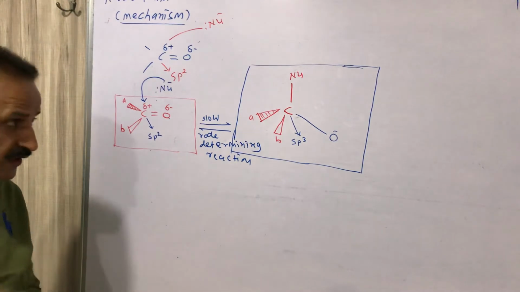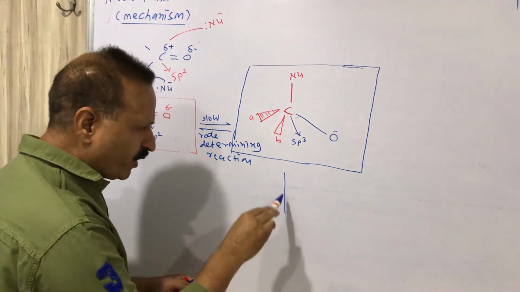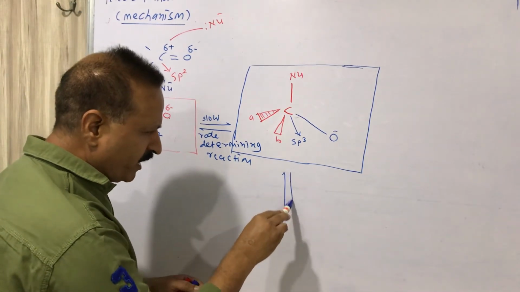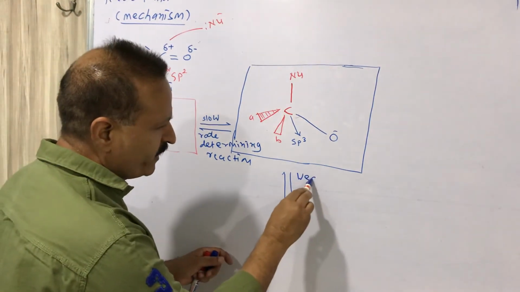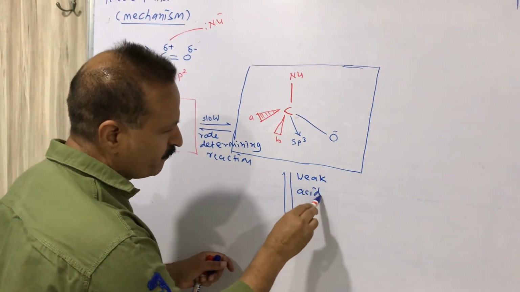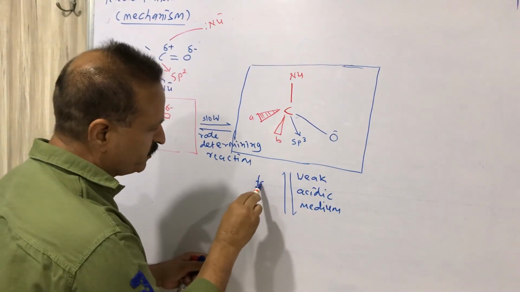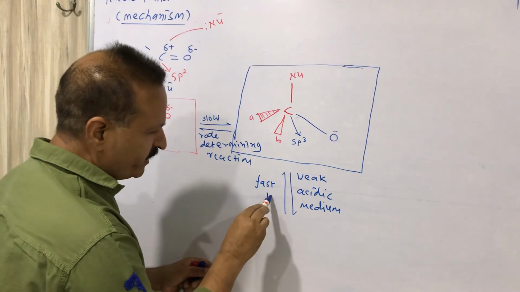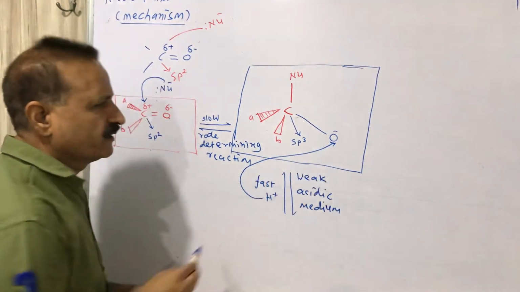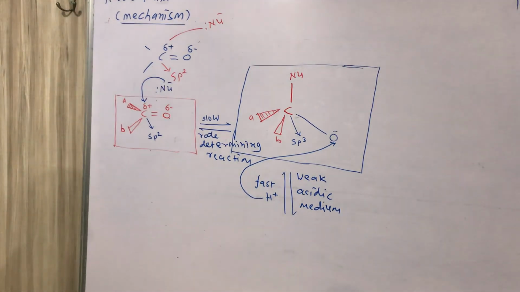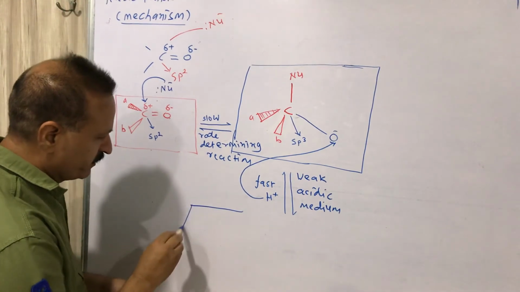Now what is the third step? This reaction is also reversible, and it is done in weak acidic medium. This is a fast reaction, and from the acidic medium hydrogen will be attracted towards the oxygen, and we now have a neutral product.